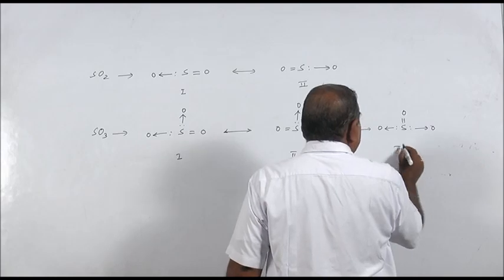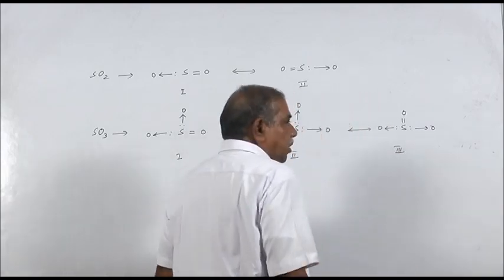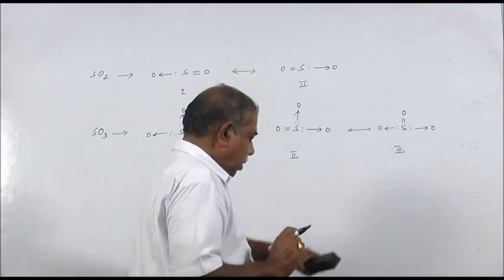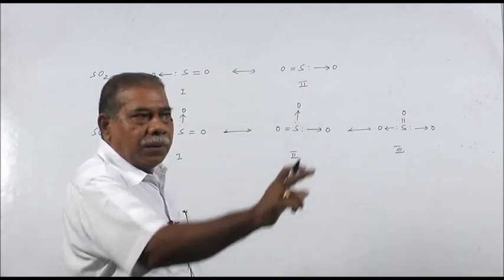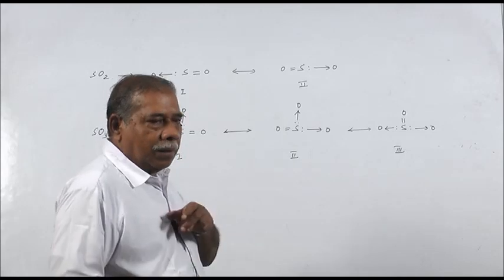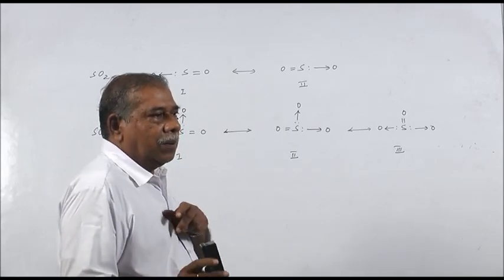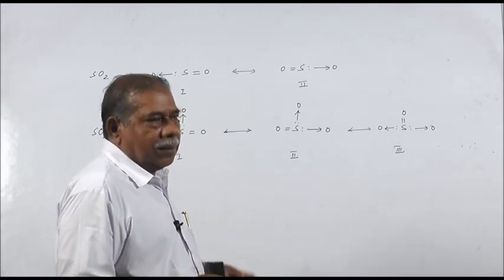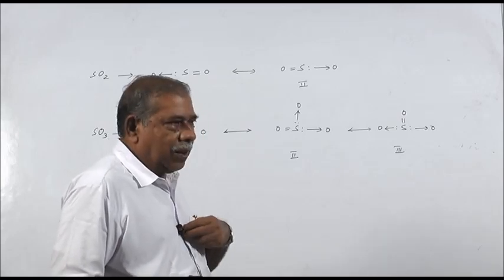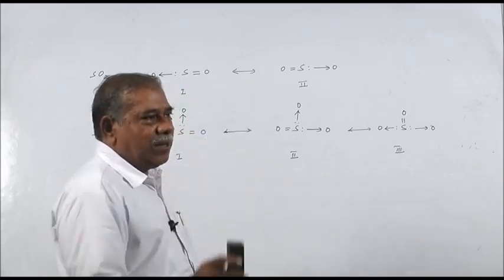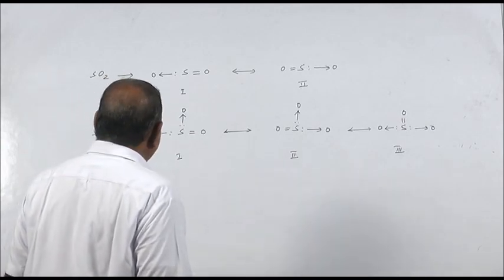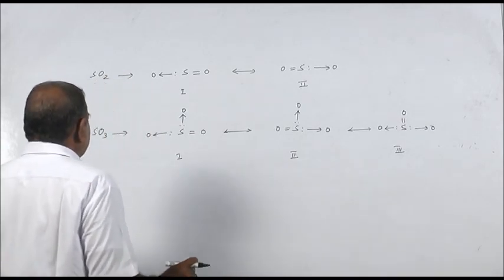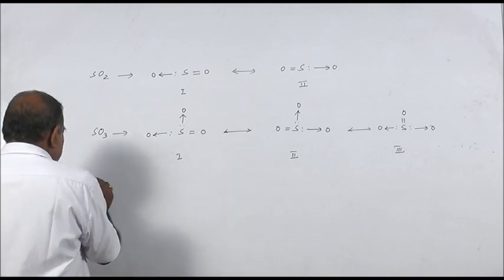So these are the three different resonating structures of sulfur trioxide. Structures 1, 2 and 3 are three different resonating structures of sulfur trioxide.